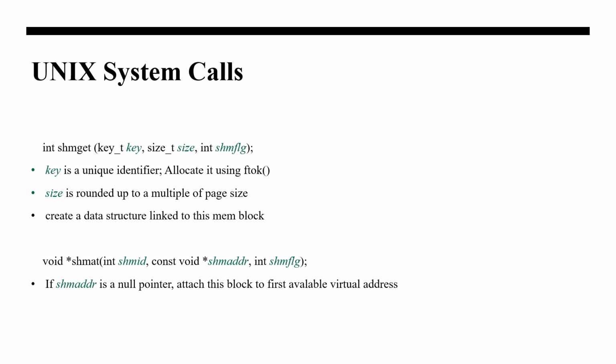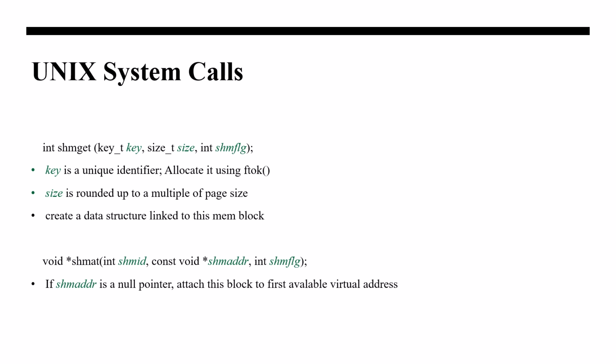It will be confusing, but the key is different from the return value of this function. The key indeed should be unique. If you keep feeding this function the same key, the kernel will not allocate a new block for you. It will simply return to you the same identifier. So the key can be generated by the ftok function, which you can see in later slides.